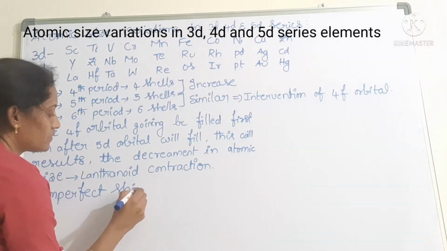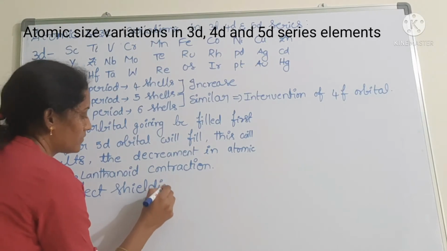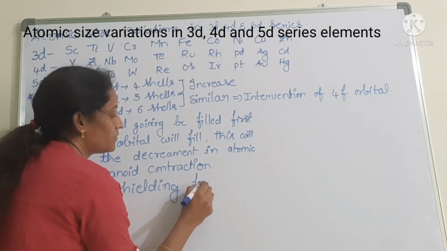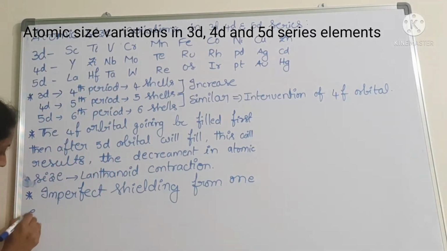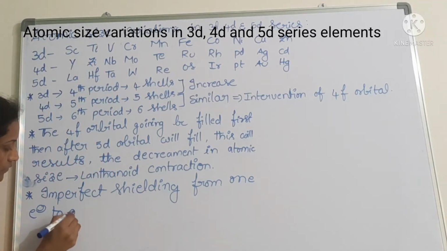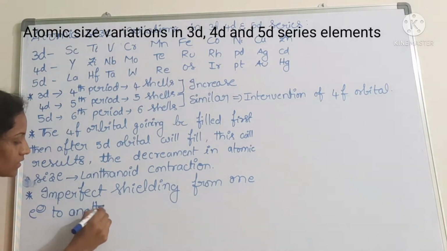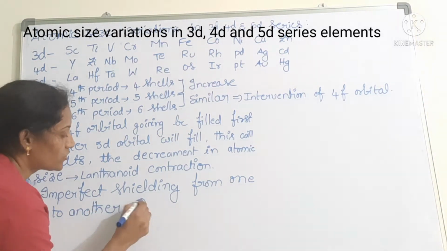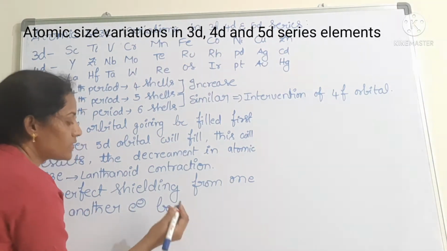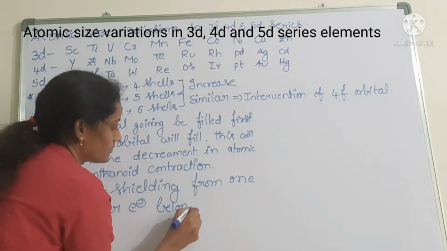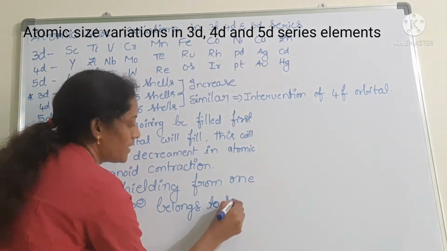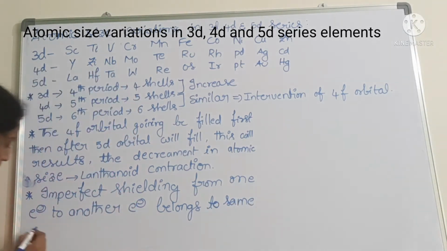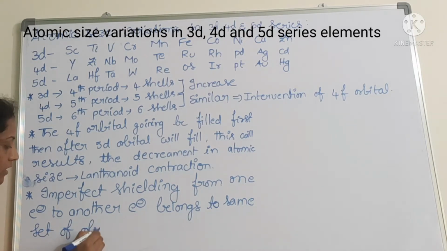Imperfect shielding means shielding from one electron to another electron belonging to the same set of orbitals.